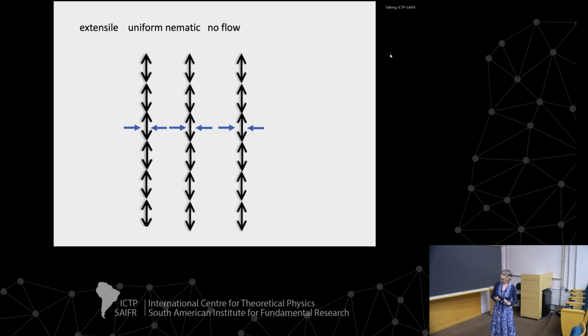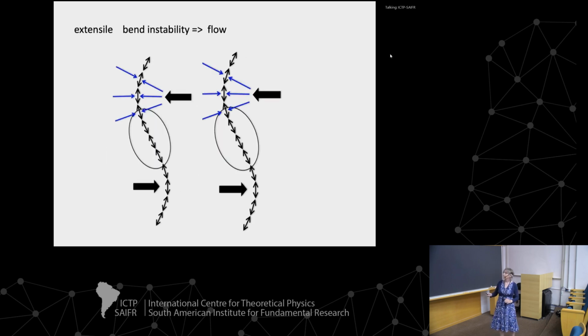But now if there's a tiny perturbation of that state, there are going to be more flows here, represented by more arrows, which is trying to push it that way. Here, it will be pushed that way. Here, it will be pushed that way. Here, it will be pushed that way. So a tiny distortion is going to muck you up, and it's going to destroy the nematic order. So changes in the order parameter give you flows.